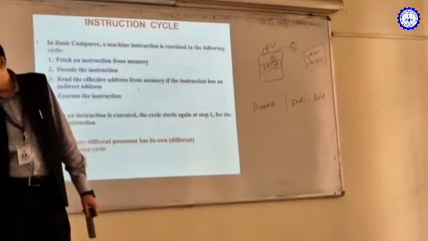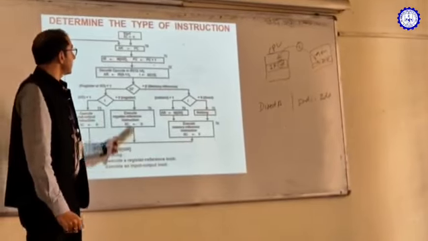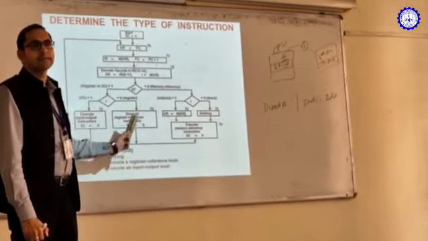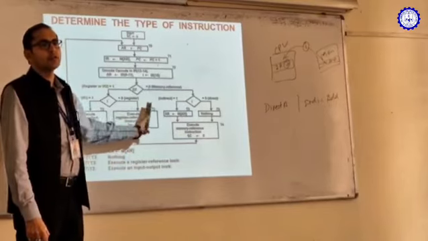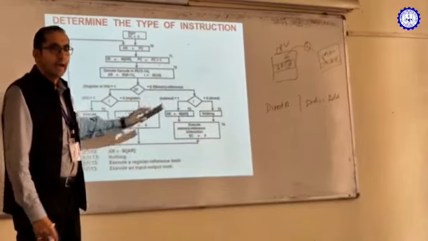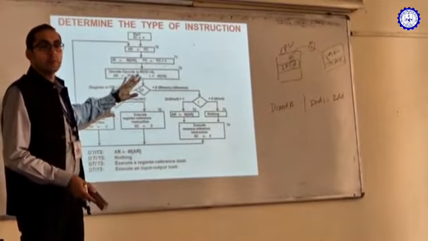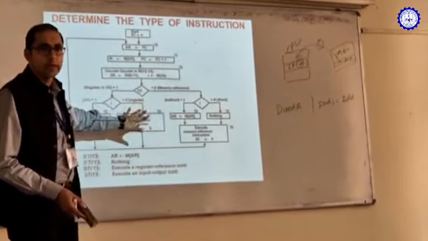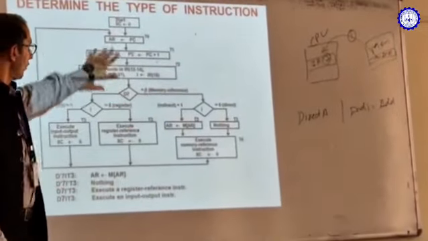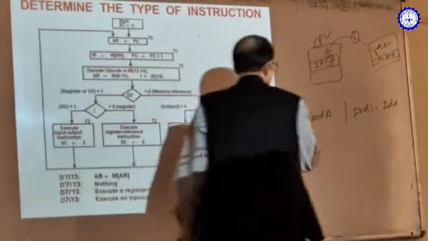Now, we are moving ahead. This is the flow chart that is required for the execution of our instruction. You need to draw this block diagram, you need to draw this flow chart, and you need to explain it. So we will take one by one.